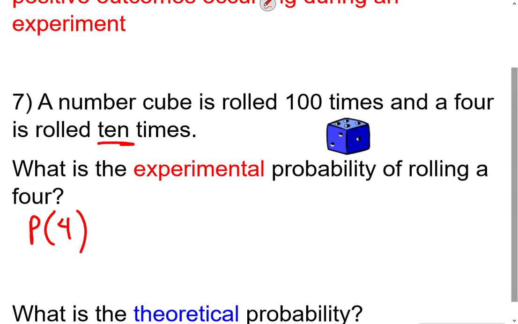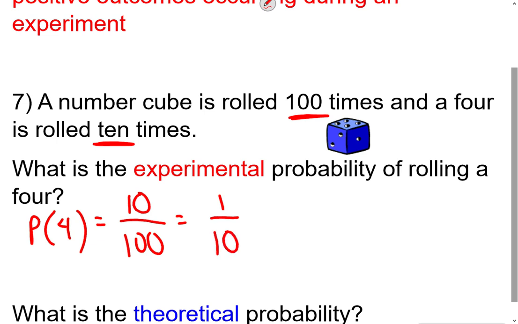It was rolled 10 times, which is our favorable outcome. And then over how many times did it get rolled total? Well, that's the 100. So the probability of rolling a 4 is 10 over 100, which simplifies to 1/10 because they're both divisible by 10. If you wanted that as a decimal, we'd have 0.1, or as a percent, that's 10%.